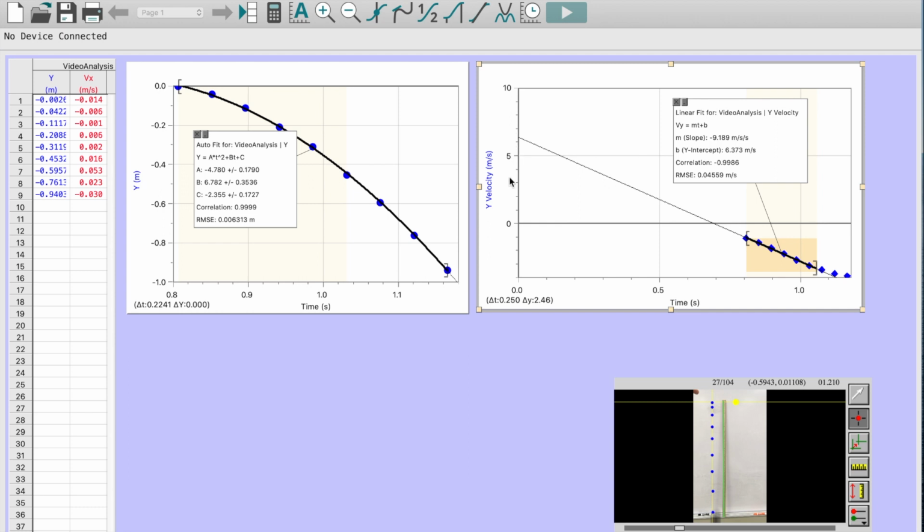So you have to be careful with these video things, what the data means. In this case, I have no idea what my beginning speed was because I don't really know what Logger Pro considers to be time 0.